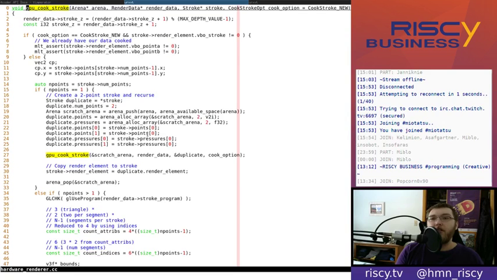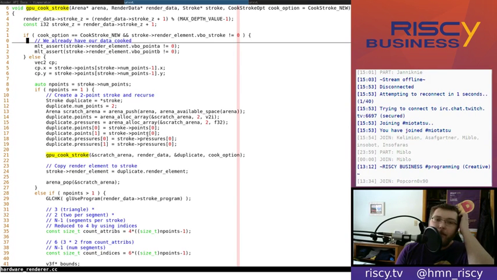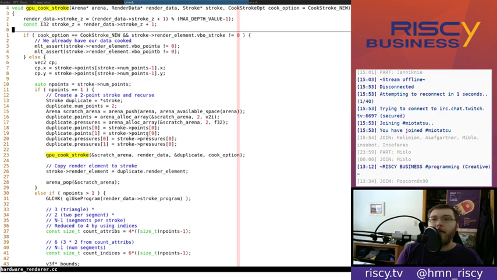So GPU cook stroke. I'm not sure what he means by cooked. I guess rendered, rather than just stored internally as a stroke.